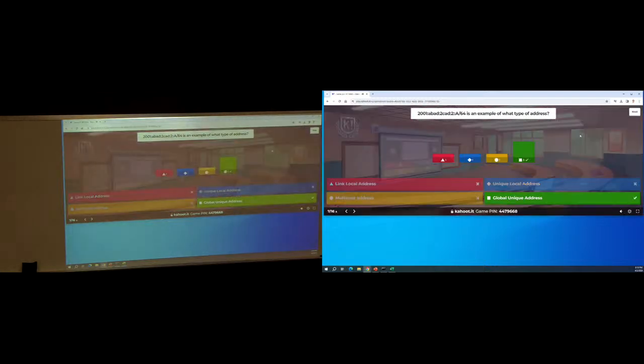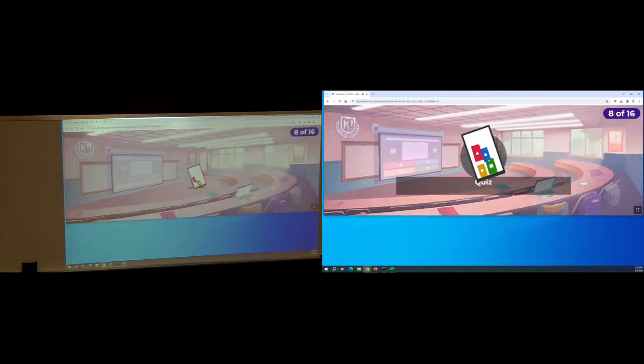Yep, that's a globally unique address. That one's routable on the internet.